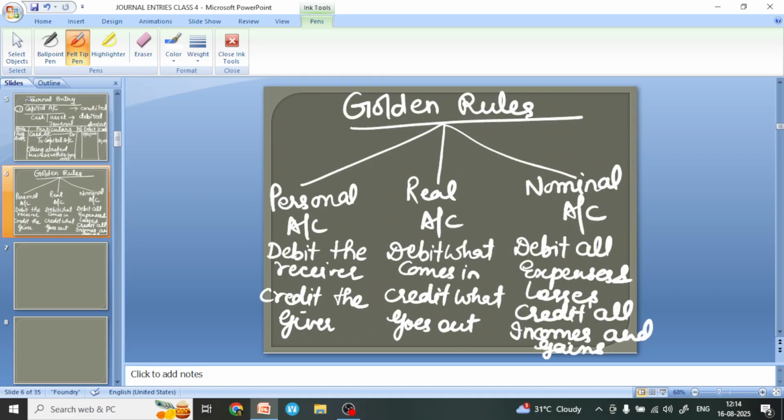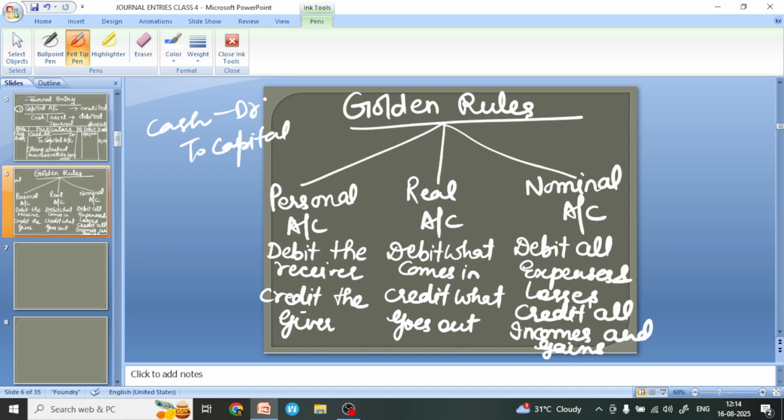Okay. Now the first entry I have passed is cash to capital. When you pass an entry, think that you are a businessman and you want to pass entries in your books.